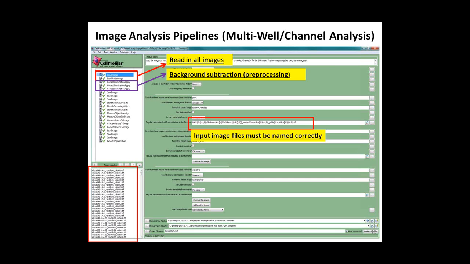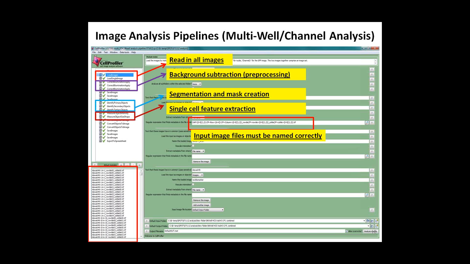After that, we save the images after correction, and later we'll perform segmentation and mask creation. Then we'll perform the single cell feature extraction on the morphology as well as intensity. Finally, we'll export our results to an FCS Express compatible format.